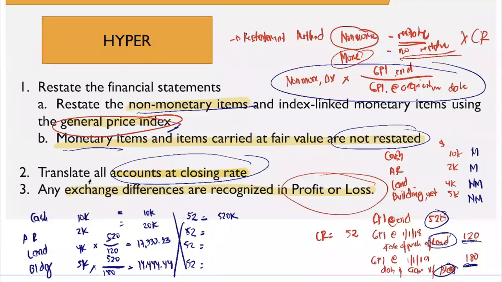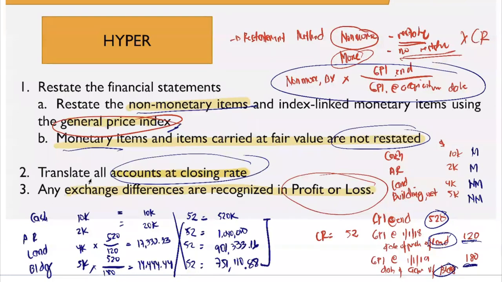Translated AR, 20,000 times 52, we have 1,040,000. Translated land, 17,333.33 times 52, we have 901,333.16. And then translated building, 14,444.44 times 52, we have here 751,110.88.